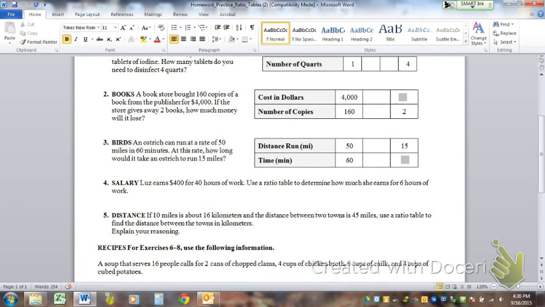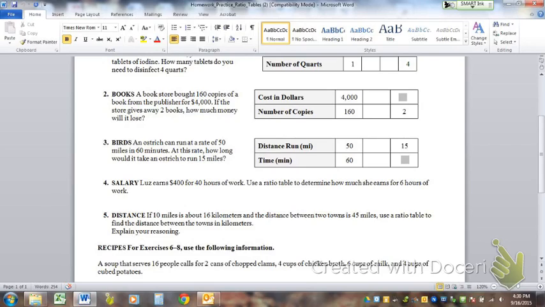And the last one we'll do is number 5. If 10 miles is about 16 kilometers and the distance between 2 towns is 45 miles, use a ratio table to find the distance between the towns in kilometers. Explain your reasoning. I'm not worried about them explaining it, but I would like them to show me a table.